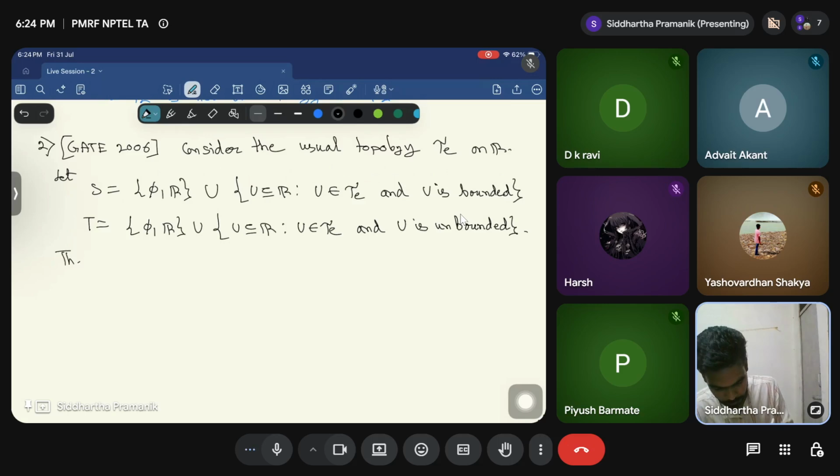Then the first option is S is a topology on R but T is not. The second is T is a topology but S is not.